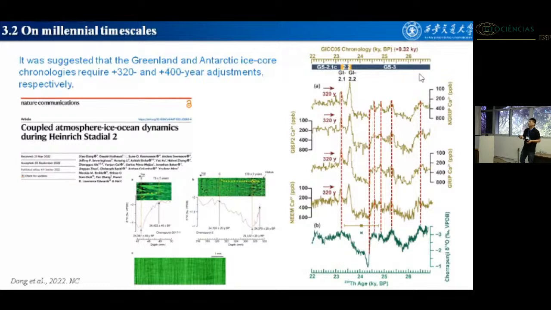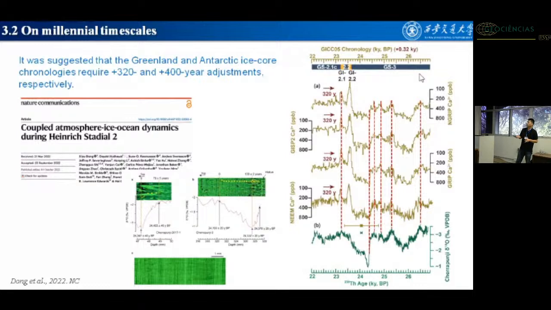Because when the H2 event occurred, the Northern Hemisphere was cooling and the westerlies moved southward, so the summer monsoon decreased. The westerlies can transfer dust from the Sahara Desert globally in two weeks.